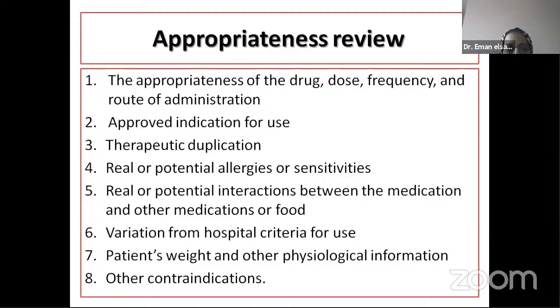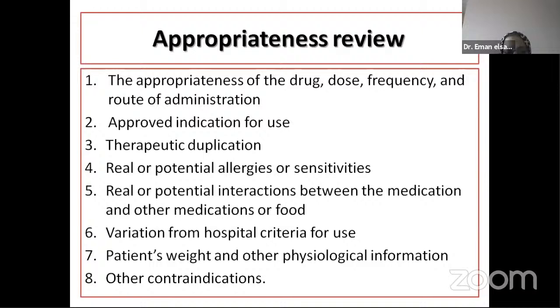The last thing is other contraindications. The medication may be appropriate for dose, frequency, indication, drug-drug interaction, and patient weight, but there is a contraindication for use, like a patient with renal impairment or liver impairment or whatever the contraindication.